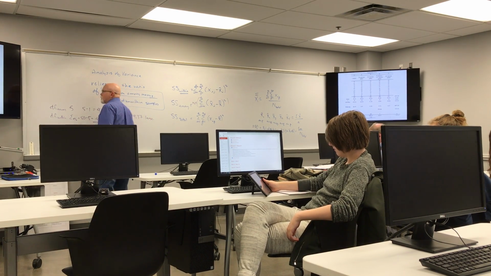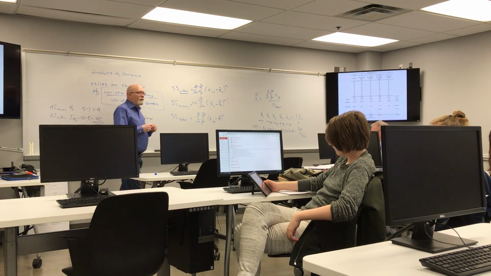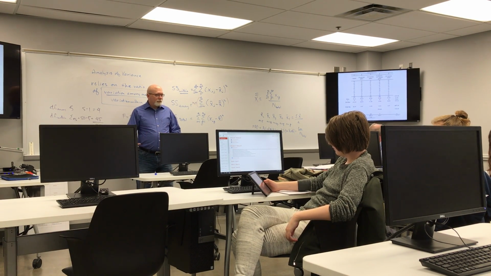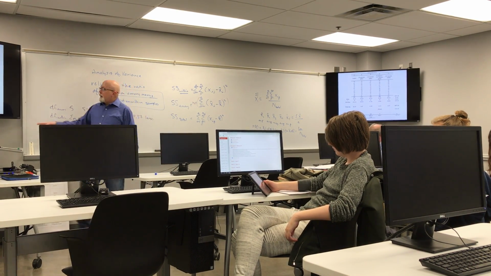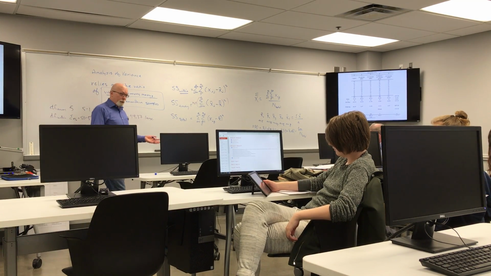And as F gets large, you tend to go towards significance. And in this case, the p-value is really, really tiny. It's less than 1.0 times 10 to the minus 6, indicating that at least one of these means is different from one of the other means.